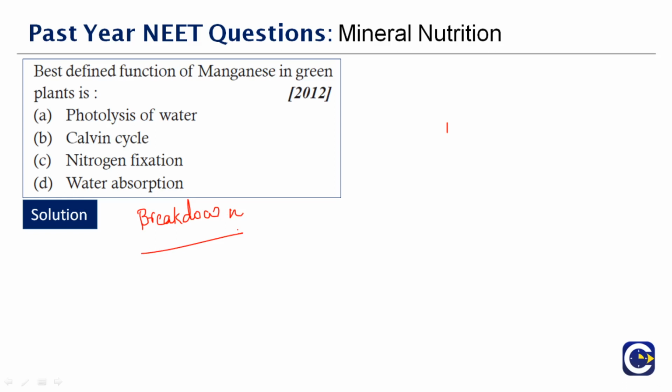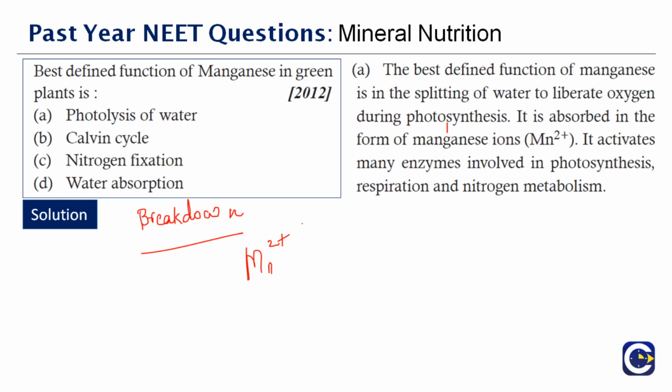The best defined function of manganese is the splitting of water to liberate oxygen during photosynthesis. It is absorbed in the form of manganese ions, Mn2+, and activates many enzymes involved in photosynthesis, respiration and nitrogen metabolism. Therefore, manganese in green plants helps in photolysis of water, which is option A.